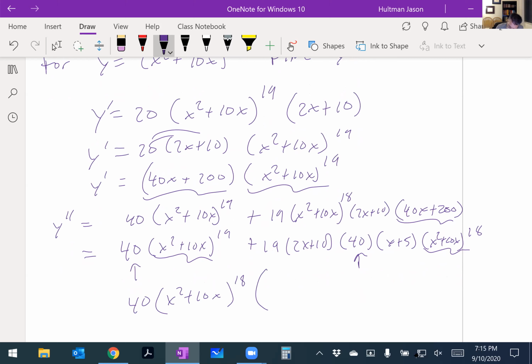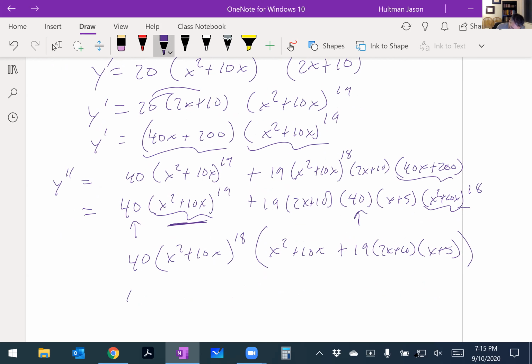Okay, what's left over is going to be an x squared plus 10x, one of those from here. And then I get this thing left over plus 19 times 2x plus 10 times x plus 5 left over. Okay. Interesting.